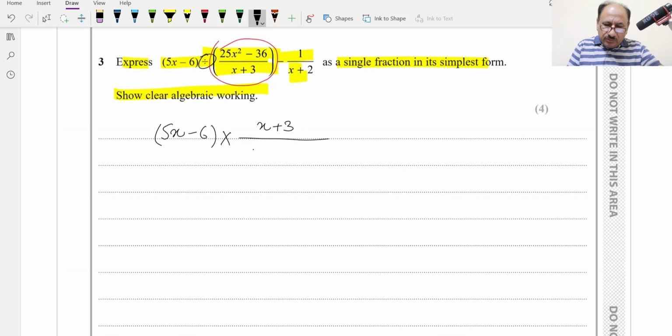So the reciprocal: we change numerator to denominator and denominator to numerator. So this will be equal to 25x squared minus 36, and minus 1 over x plus 2 as it is.